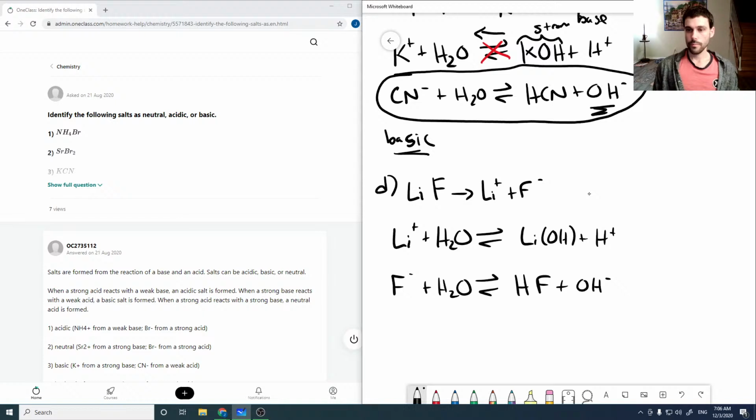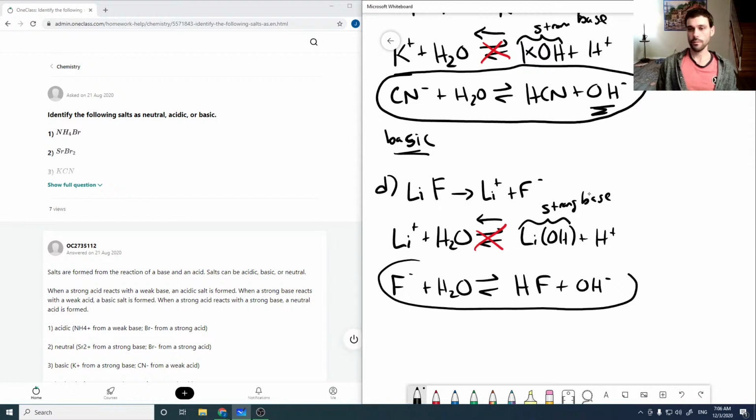Now, this here is a strong base, and so it might start to become obvious, but basically all the alkali or alkaline earth metals with OH are always strong bases, because they will completely dissociate in solution, and so that doesn't happen. It just goes this way. HF is our only hydrogen halide that is a weak acid, so this reaction does occur, and so the salt will be basic.